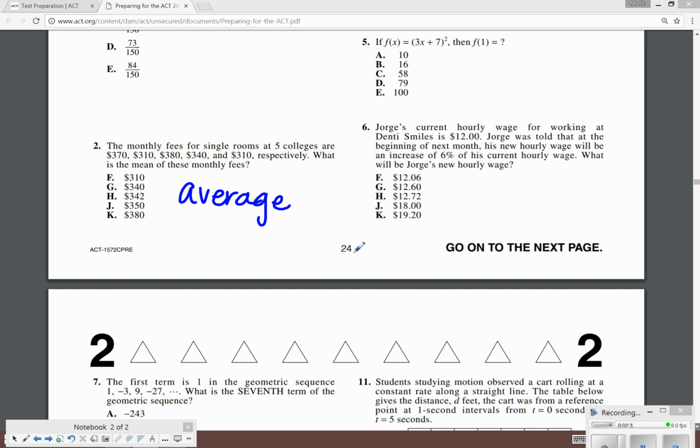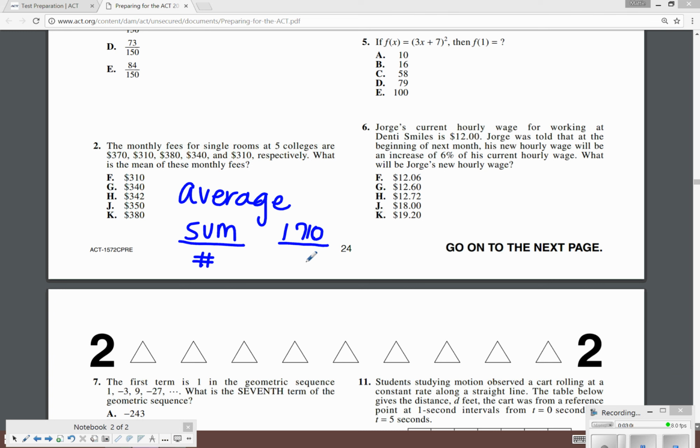And the average is found by adding them all together, which is called a sum, and then dividing it by the number of, in this case, rooms. So we want to add all of these together. I'm going to add 370, 310, 380, 340, and 310, which is $1,710.